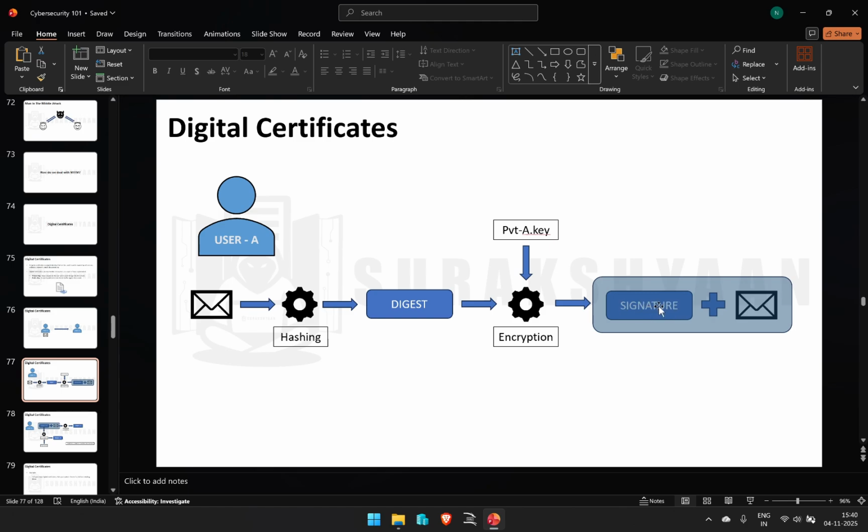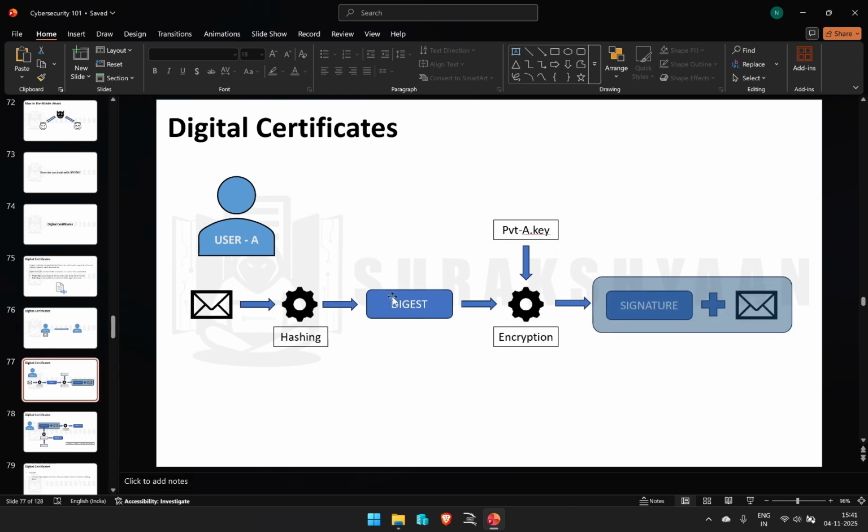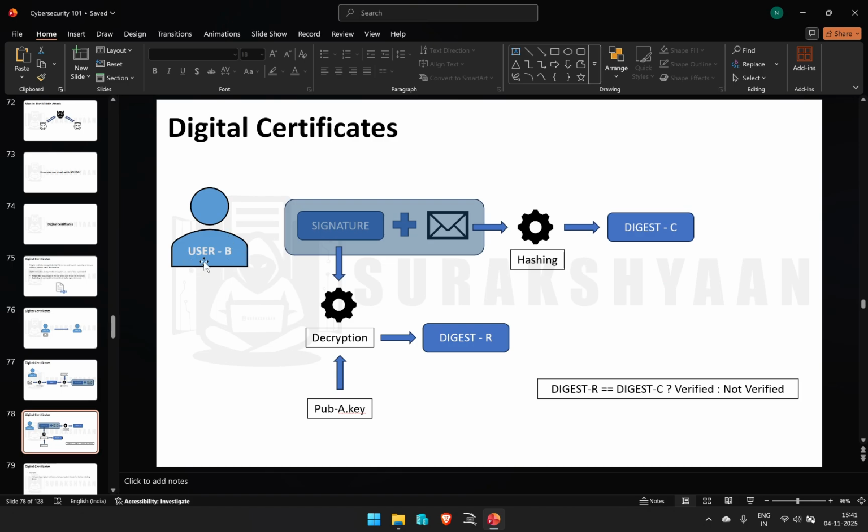This signature is then packed with the original plain text document or message, and this entire thing is sent to user B. Now what happens on user B's side is that user B first deduces the received digest. This digest, which was calculated on user A's side, is deduced by user B. How?